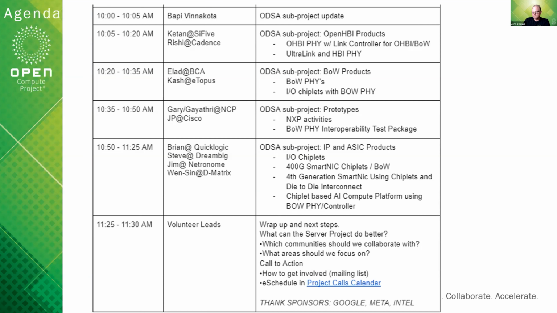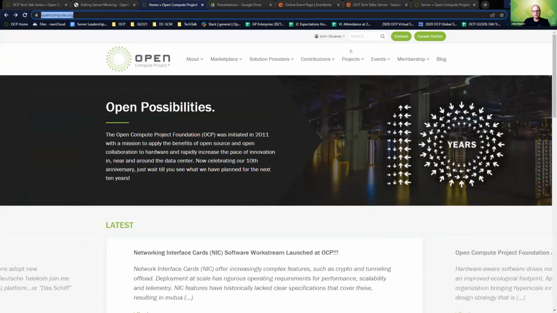Call to action, stay involved. We have a mailing list that we send all of our invites and agendas to, and there's a separate mailing list for the 4 different groups. Join the calls. We have the OCP projects calendars. A lot of people ask how to find out where the calls are.